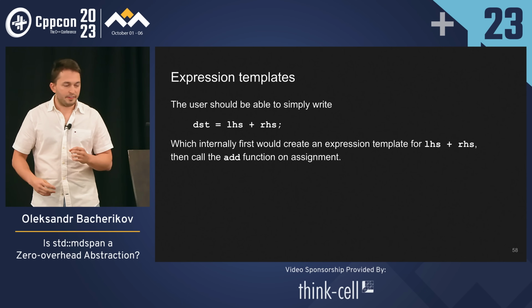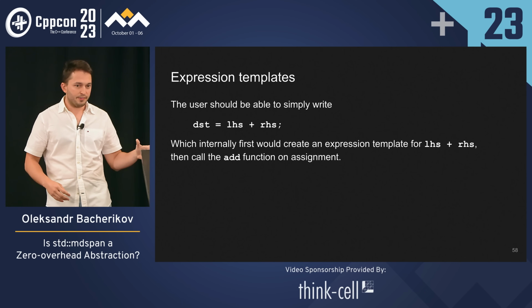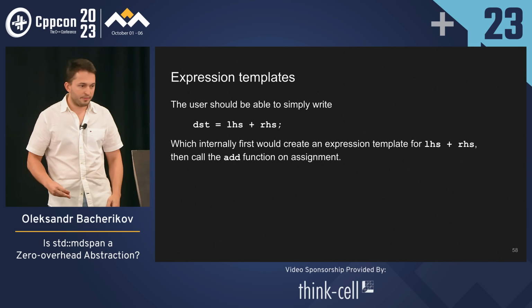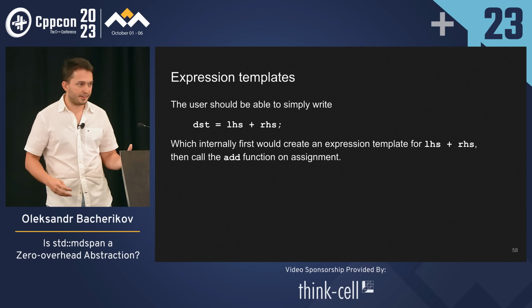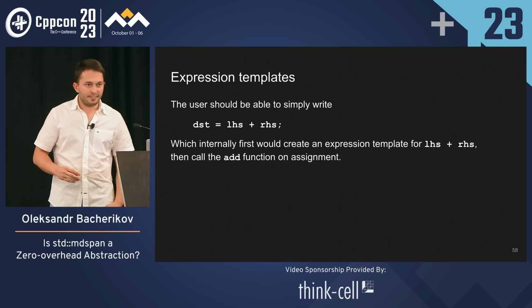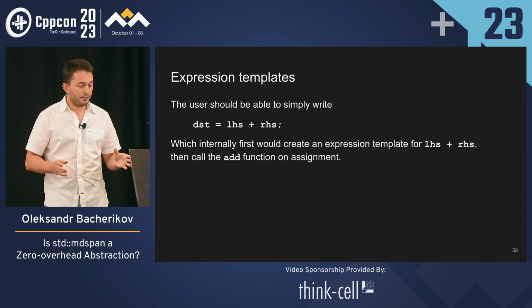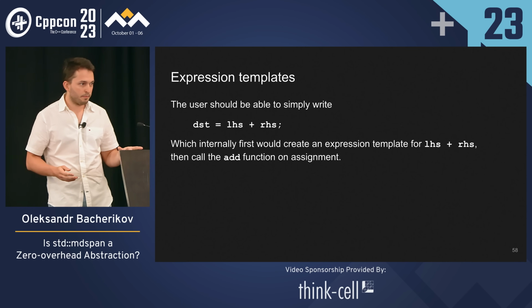And I think on top of that, it would be really nice to write code similar to the one we write for primitive types, just as an arithmetic expression. So for that, unfortunately, it's not that easy to implement, because from the right side, first we need to create an expression template.